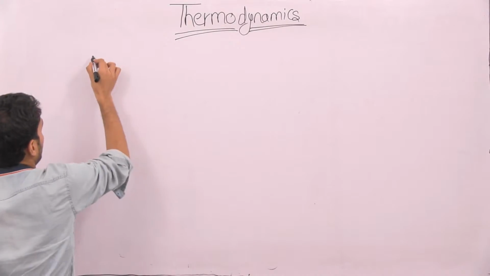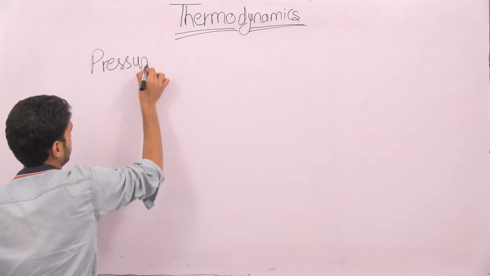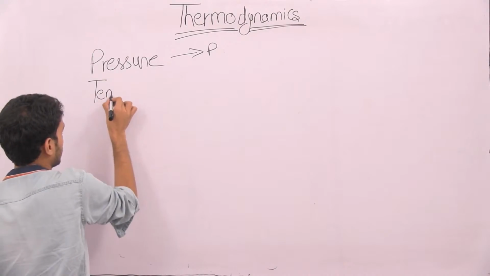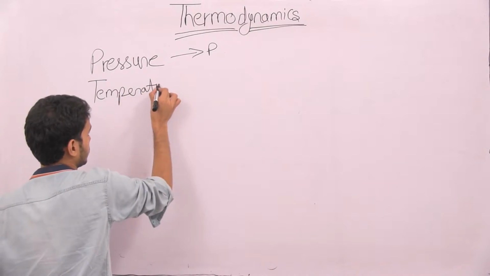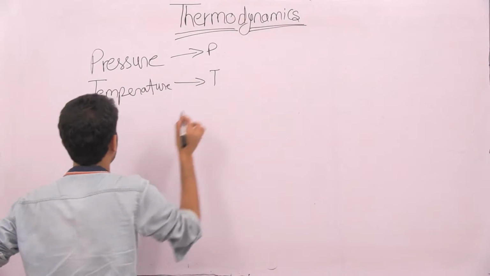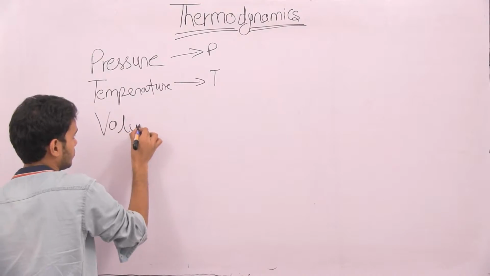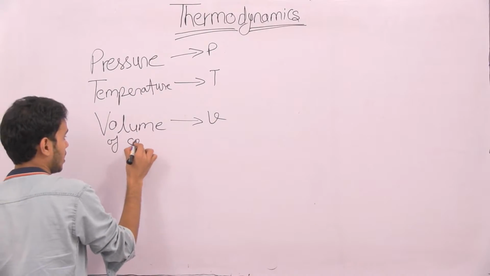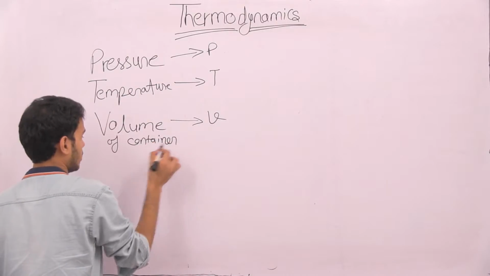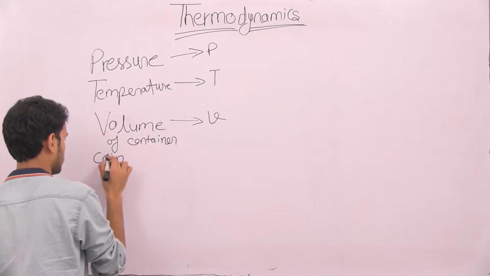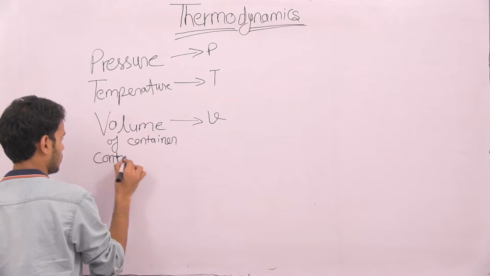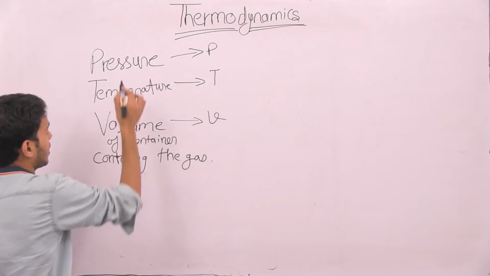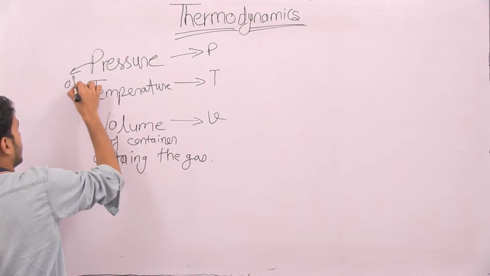So one of the variable is pressure, and pressure is denoted by P. Another variable is temperature, it is denoted by T, and another is volume, it is denoted by V. Here volume is volume of container containing the gas, and pressure is pressure of gas.